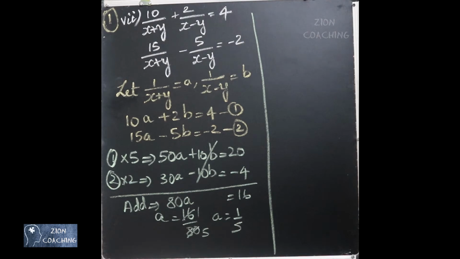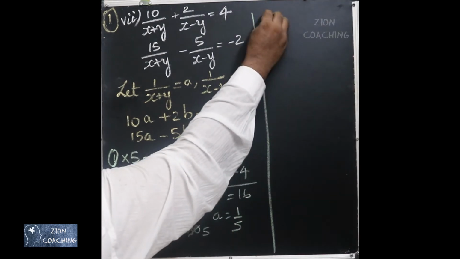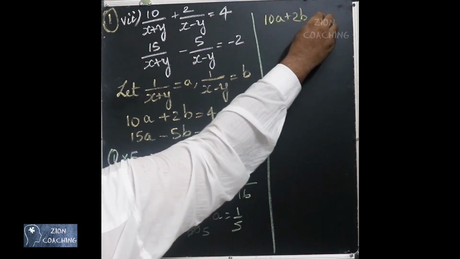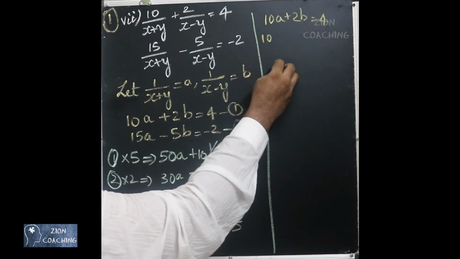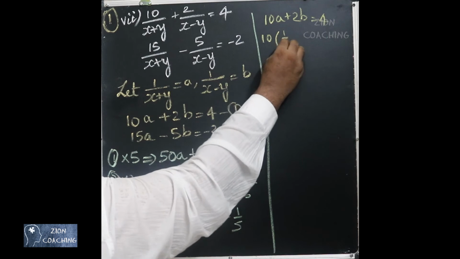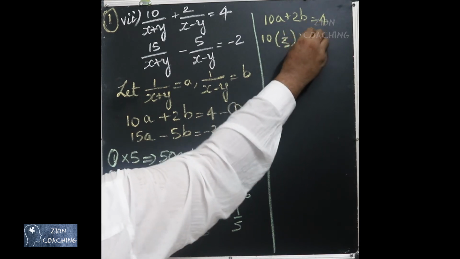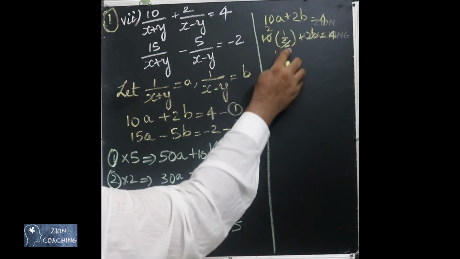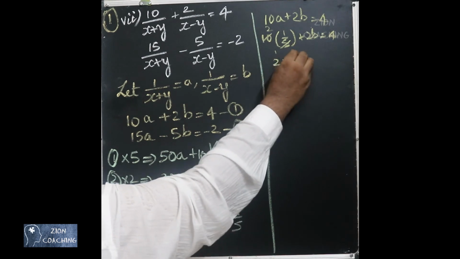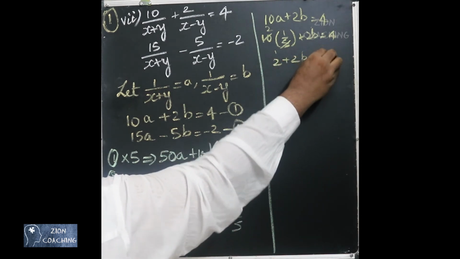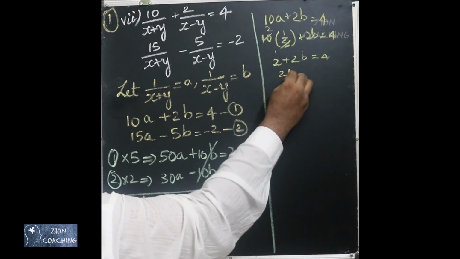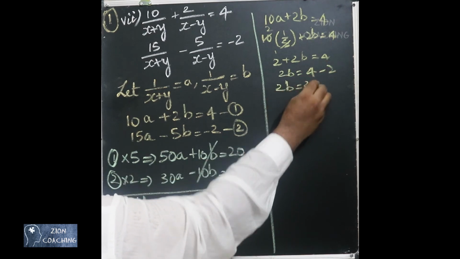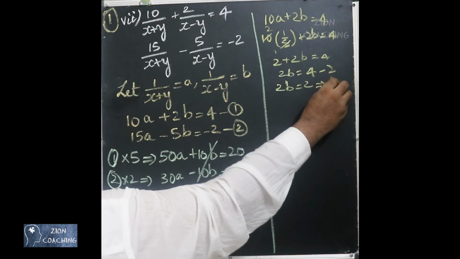Now we have 10a + 2b = 4. 10 into your a value, 1/5, plus 2b = 4. 1 5 is 5, 2 5s are 10, 2 into 1 is 2, so 2 + 2b = 4. Taking this 2 to the other side, we will have 2b = 4 − 2. So 2b = 2. That implies b = 1.